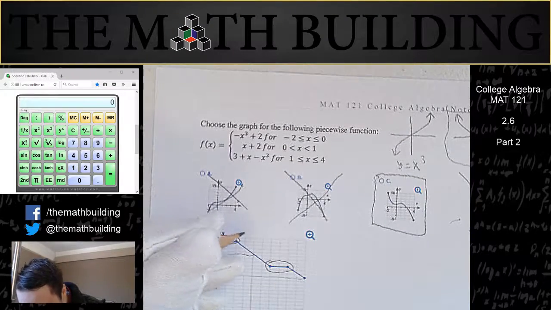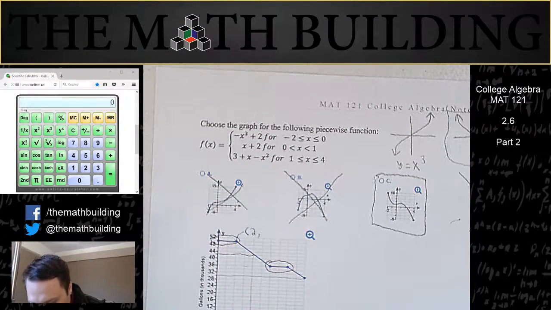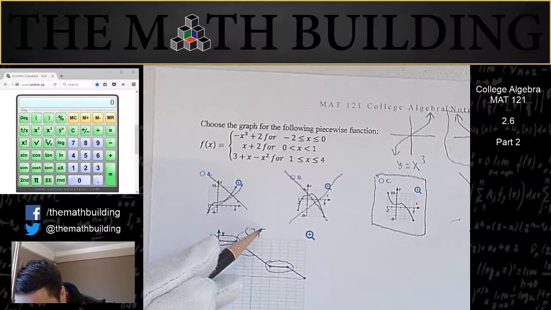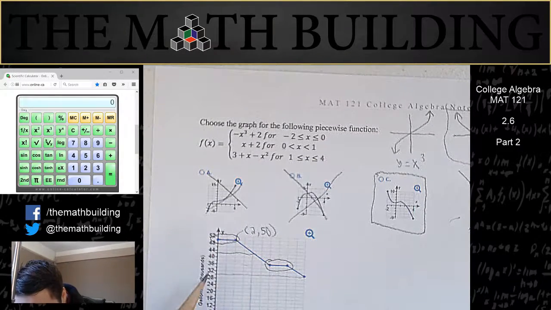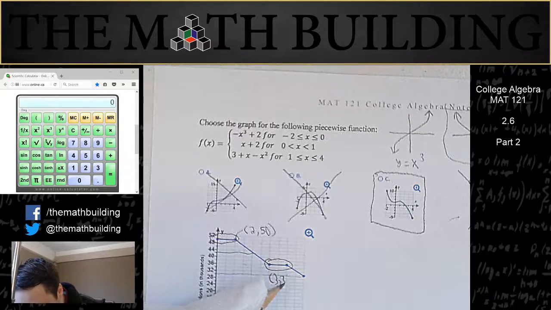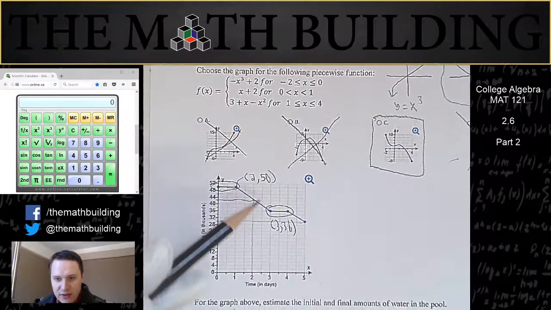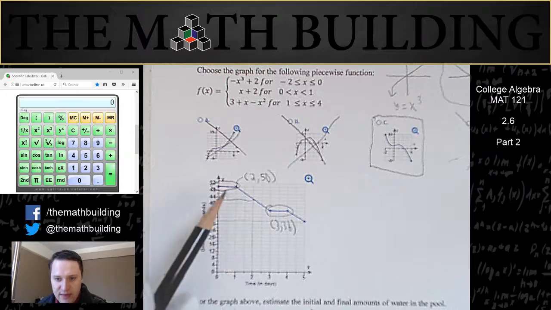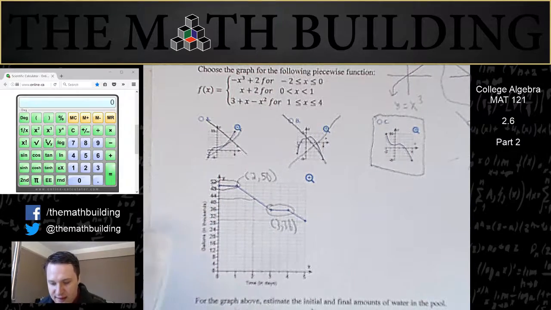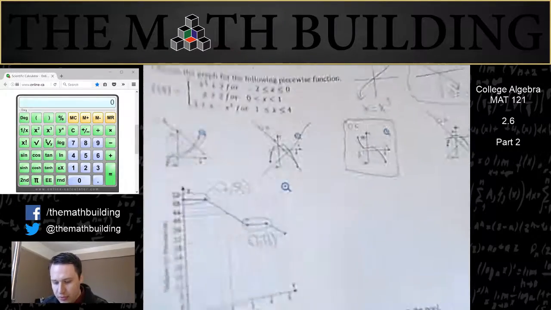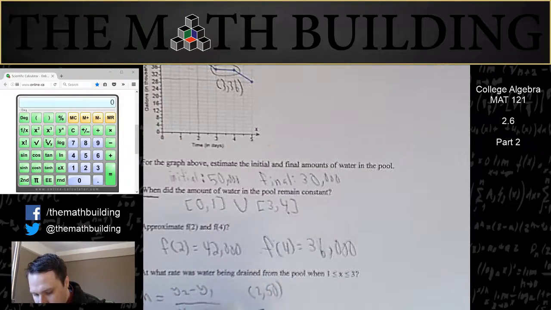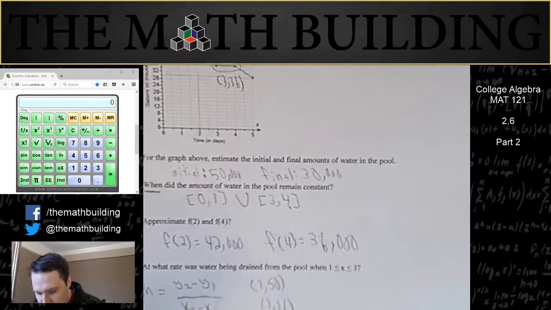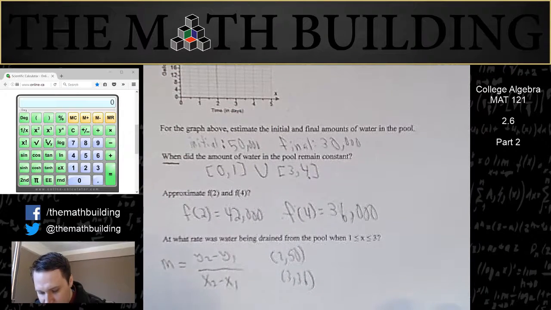So this first point right here is the point 2, 50. And this point right here is 3, 36. And so if we find the slope between these 2 points, that means we're finding the rate that it was draining. So our points again were 2, 50 and 3, 36. So let's plug those into the formula.